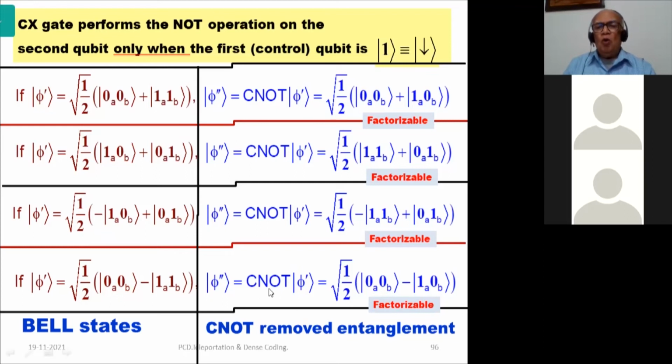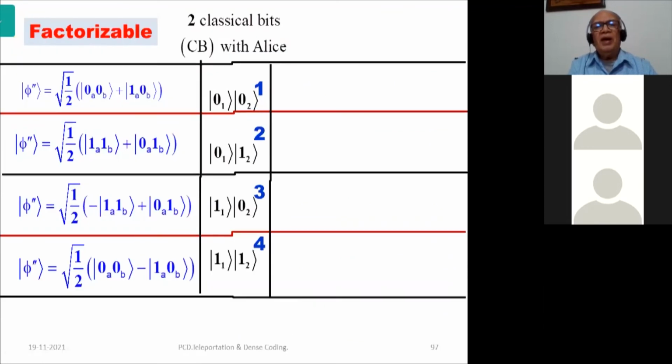Then the control NOT will give you in each case a factorizable 2 qubit vector. It removes the entanglement. You remember that the control NOT serves as an entangler, but also as a detangler, as sometimes it is called. So it has detangled the Bell states. And this is the detangled 2 qubit vector. This is factorizable. This is with a double prime.